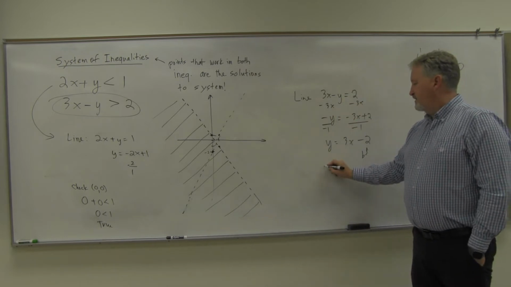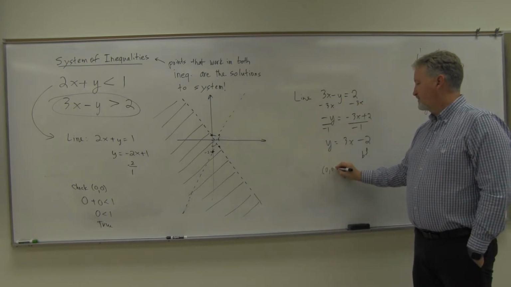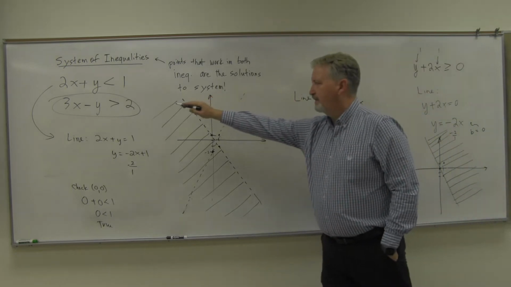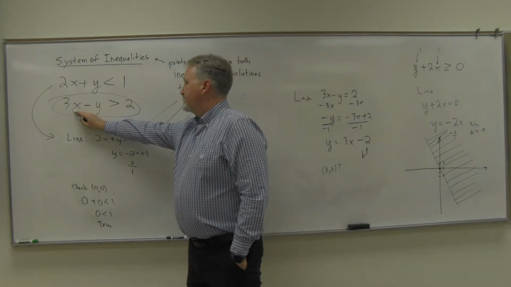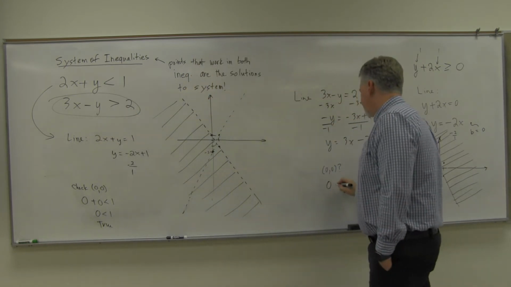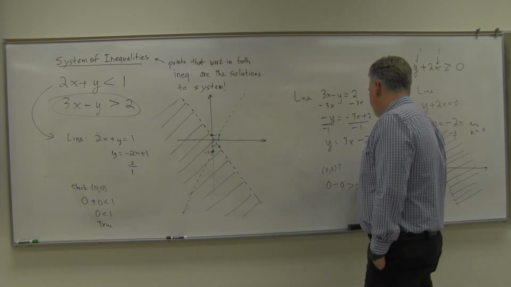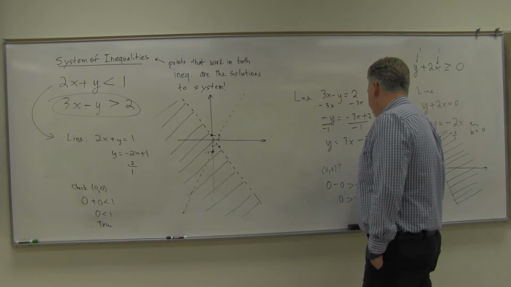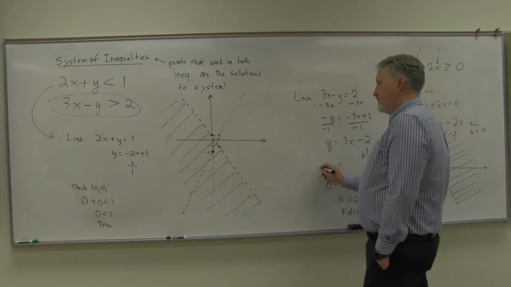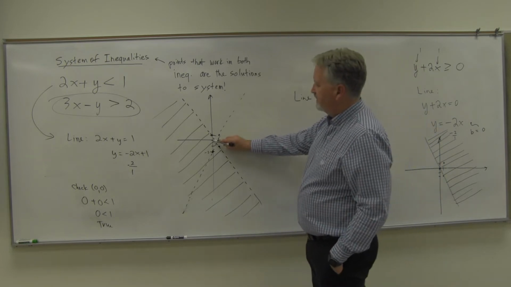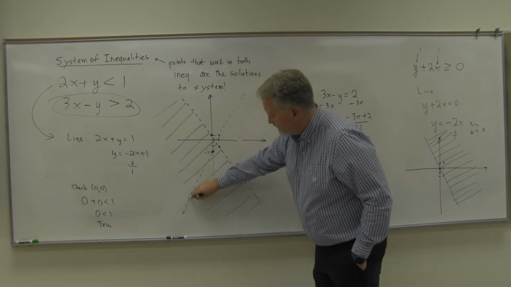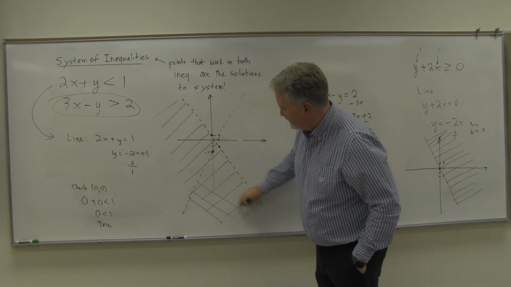For the shading, check your 0, 0 point back into the inequality. 0 for x, 0 for y, so it'll be 0 minus 0 greater than 2? I don't think so. So 0, 0 doesn't work, so I wouldn't shade this side of that line. I shade the other side, wouldn't I? So let's go this way.